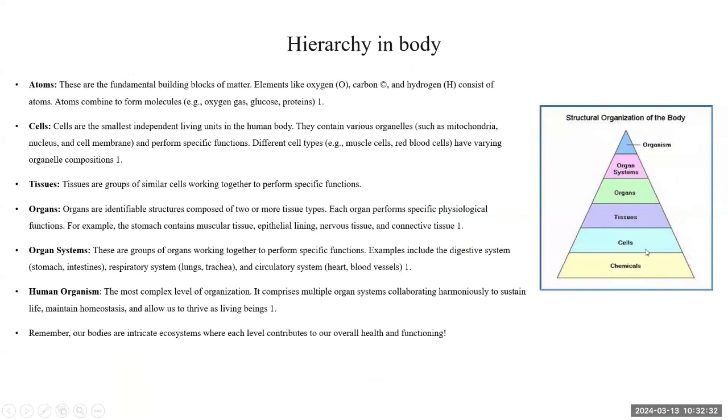Each different combination of cells forms tissues, and then different tissues combine to form organs that carry out similar functions, and different organs simultaneously integrate to form organ systems, and then different organ systems integrate to form a whole organism or a whole being.